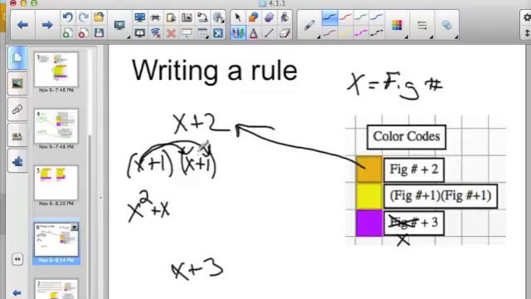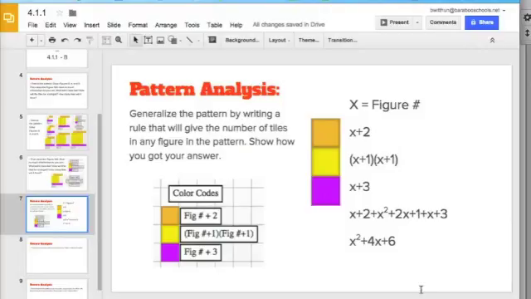So I've distributed the x to the x, and I distributed the x to the 1. Now I have to do the other part. I have to take 1 times x. What's 1 times x? It's simply x. And what's 1 times 1? 1. So you notice that I get this right here. What is that equal to? It's x squared plus 2x plus 1.